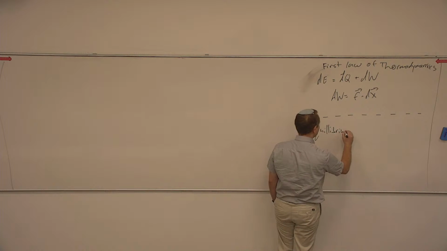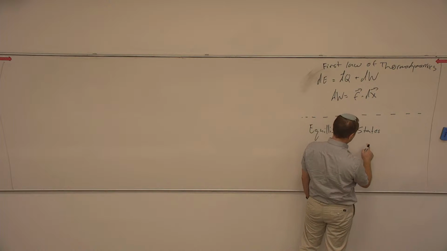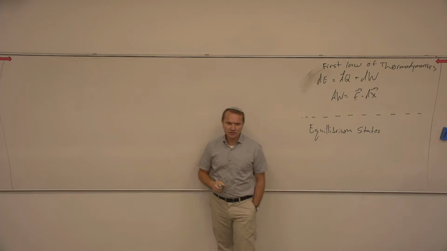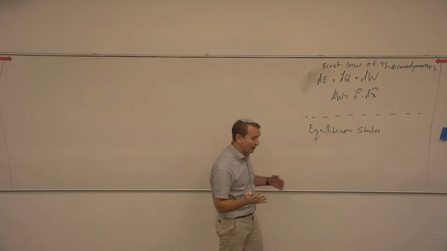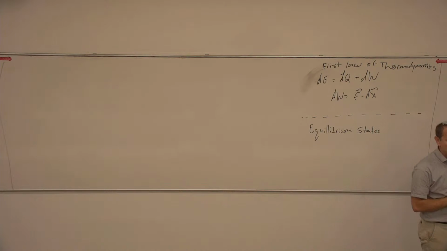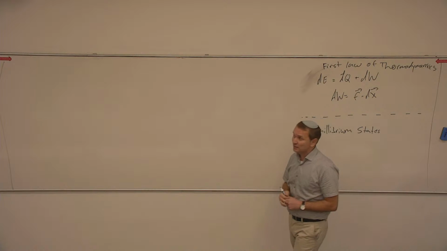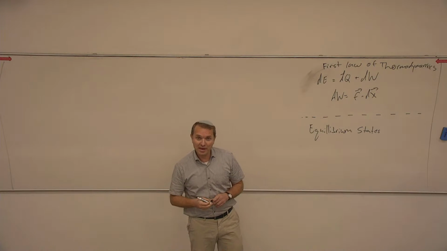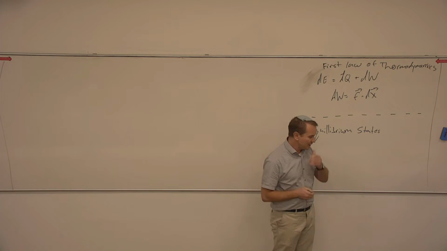Equilibrium states. Okay. We already mentioned those states yesterday. Basically, those are the states of the system that are not modified as a function of time. They are stable. There are no currents present in equilibrium states. And most of the dead matter around us, we can assume is in equilibrium.